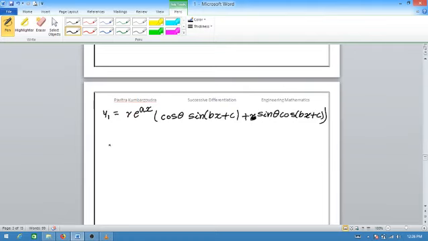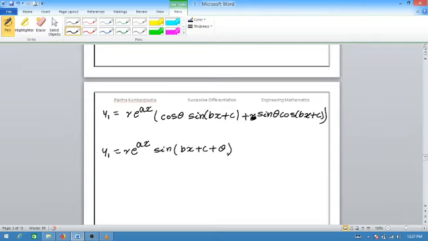Therefore y1 is equal to r e to the power of ax into sin a cos b plus cos a sin b, that is sin(a plus b). So that is sin(bx plus c plus theta), since sin(a plus b) is sin a cos b plus cos a sin b. So this is the y1.